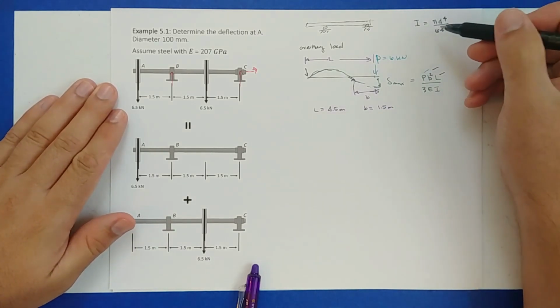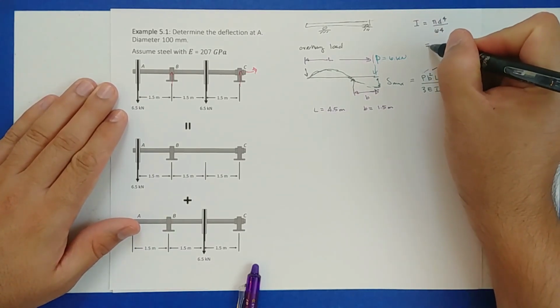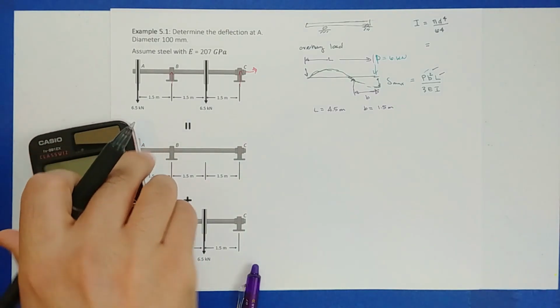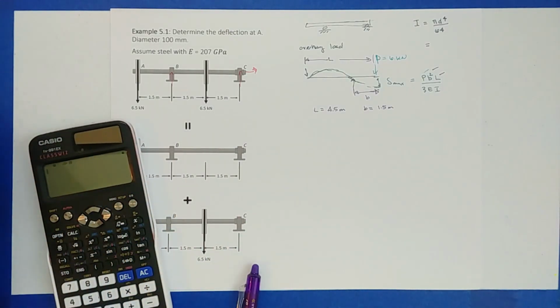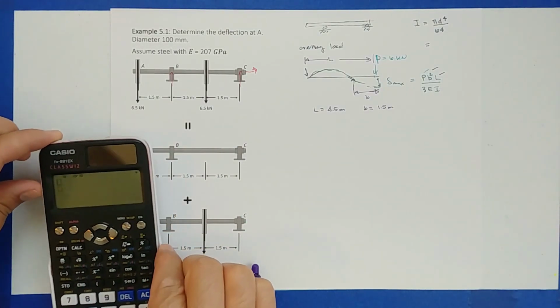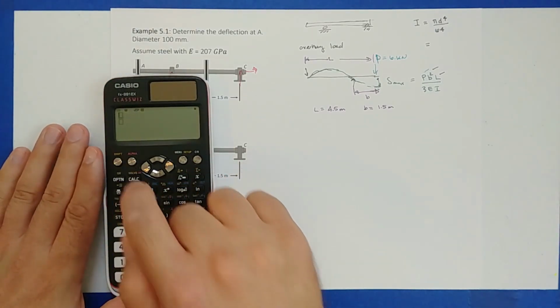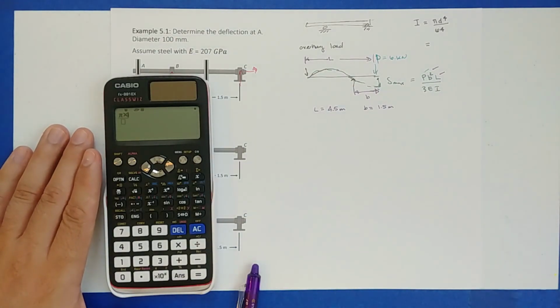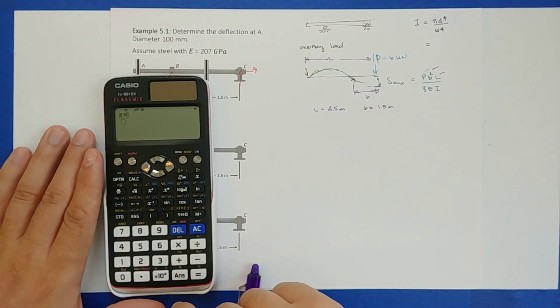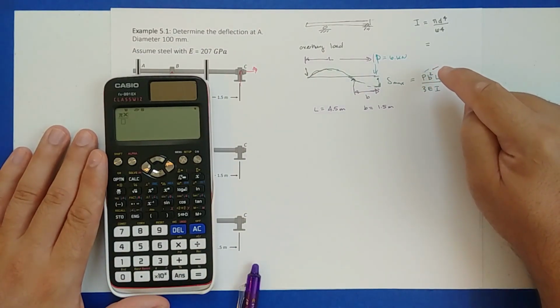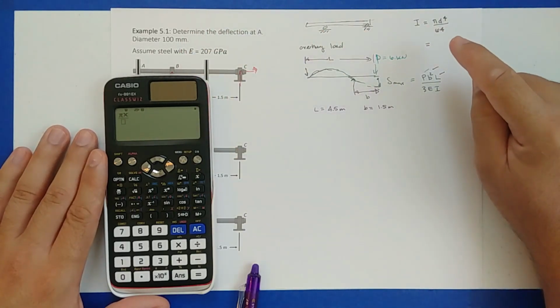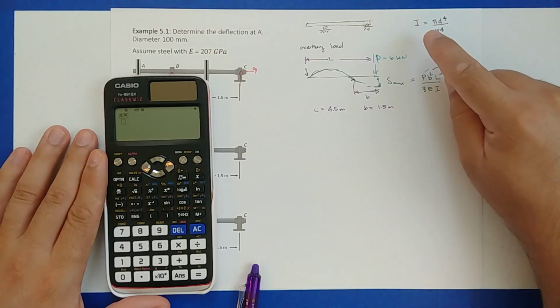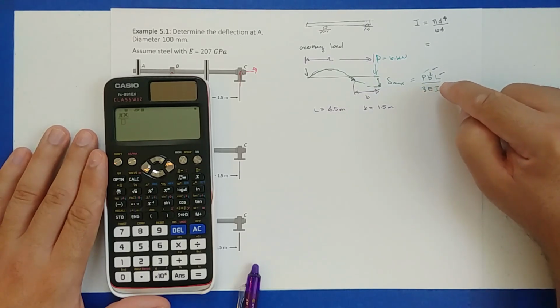Okay, so why don't we just go ahead and calculate I on this one. So it's going to be pi times the diameter. Remember, the diameter here is 100 millimeters. Here I hesitate a little bit because I'm going to use this I in this equation, and what else is in there?